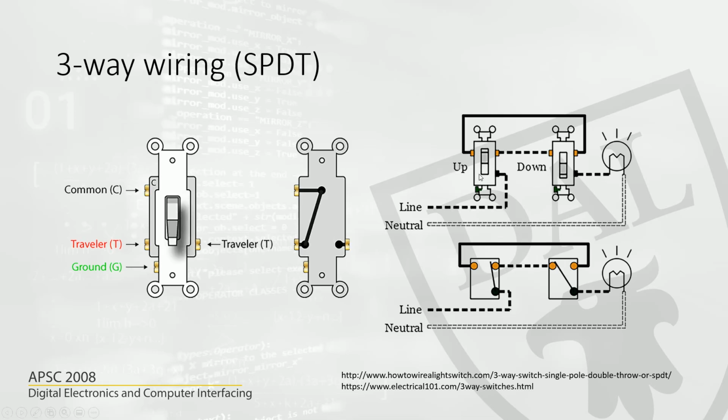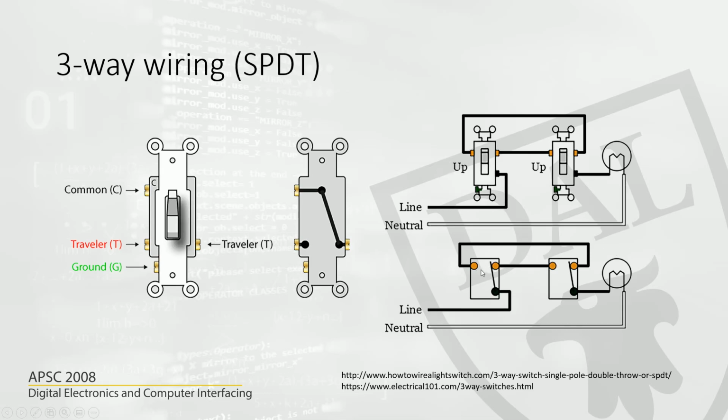How it is wired is this is the circuit. You have the line, which is the power, the phase coming in, and the neutral is connected to the bulb. The line comes to the main contact, and then you have two other contacts which are connected together.